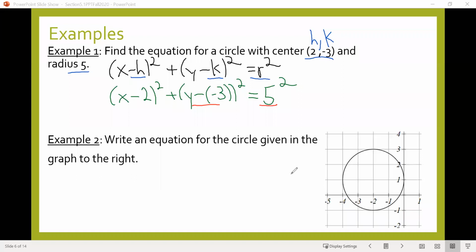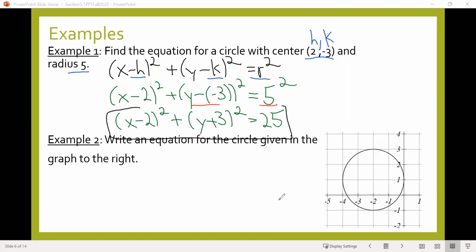It's not necessary, but it's a nicer form if we write this as (x - 2)² + (y + 3)² = 25. And there we are. That is the equation for this particular circle.